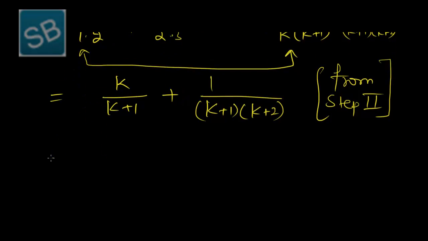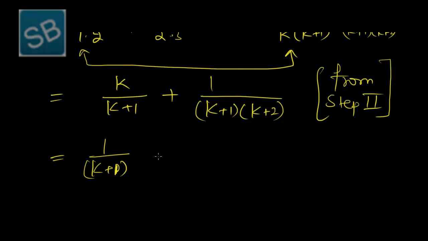It is very easy to take the result from step 2, and by the use of this result we have to prove P of k plus 1. That is also the principle of mathematical induction: if P of k is true, that implies P of k plus 1. So it is obvious we have to use the step 2 result to create the step 3 result.